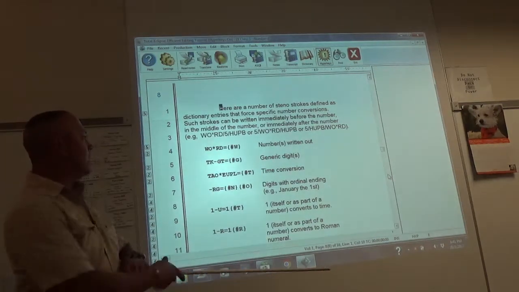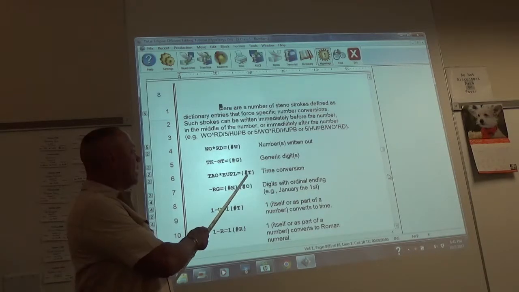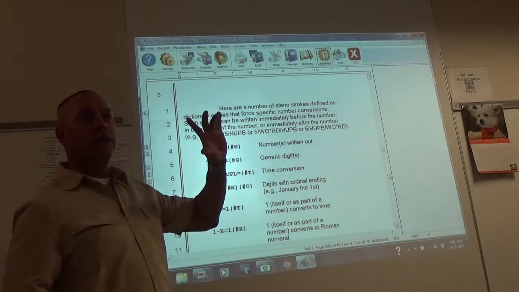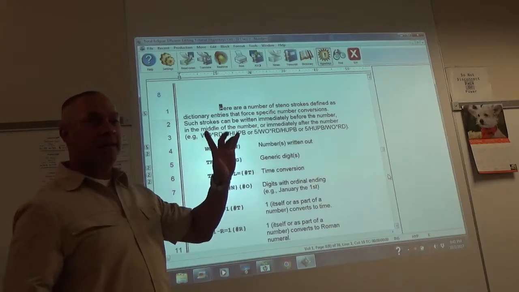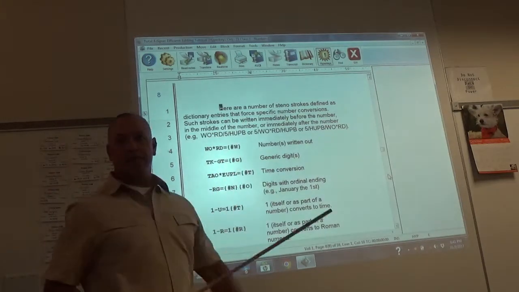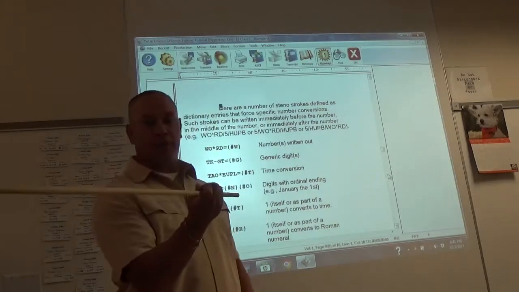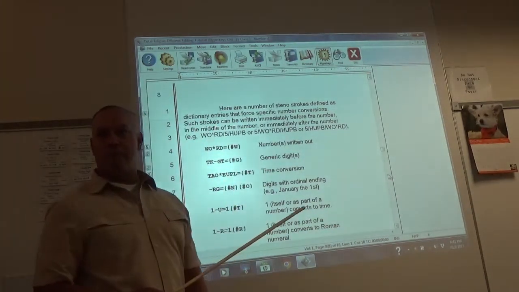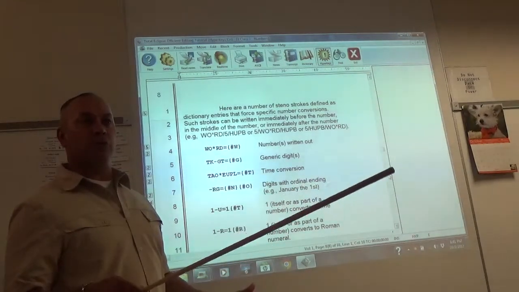Time with an asterisk, and define it as this. Bracket, pound sign, T for time, capital T, capital T, capital T, close bracket. And then that's going to tell it the number that is before, the number that's after is going to be changed to time. Got it? That's all you have to do.